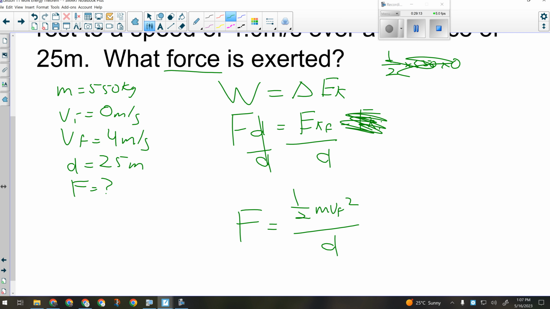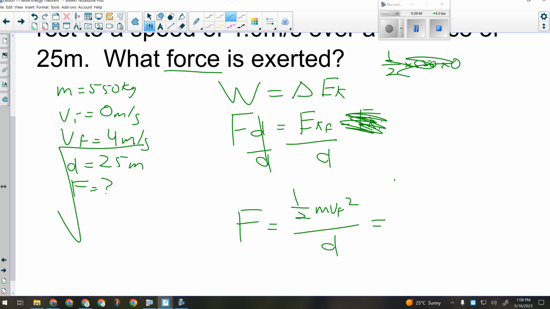Now, I had a lot of people who had this. They got the right answer. But I had a few people who did this because they saw it in one of the other questions. Do I need the square root in this case? I don't, because force isn't squared. I would only need the square root if I was solving for v. So I don't need the square root here. This will solve for f.